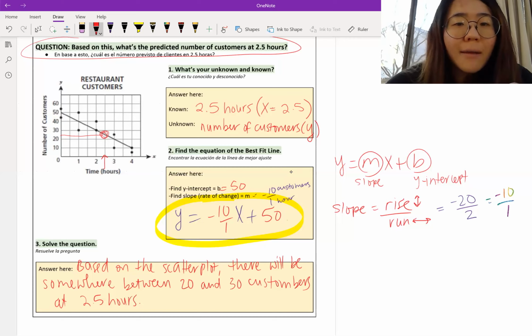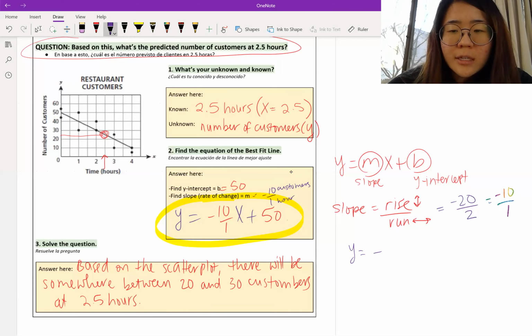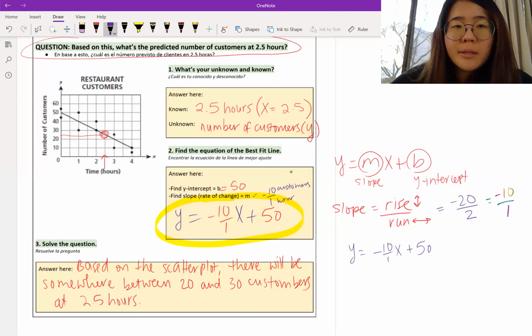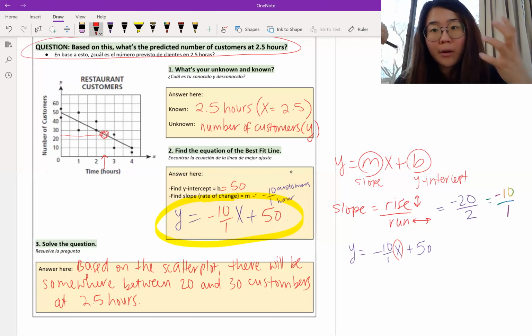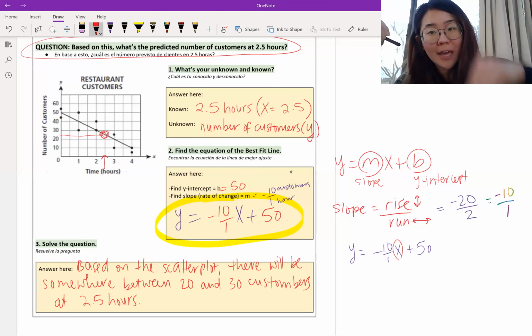So the way you do that is, there's our equation, y equals negative 10x plus 50. And I'm going to substitute x. Substitute meaning I'm going to take away x and put in the number that we are using at this specific x value.